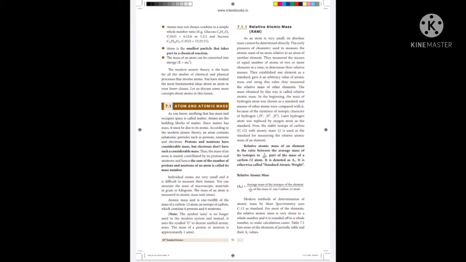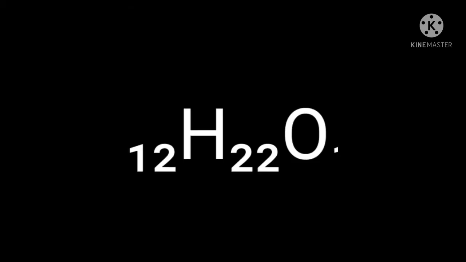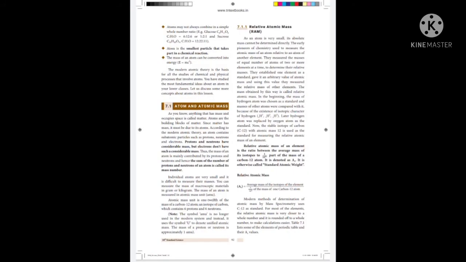Sucrose, its molecular formula is C12H22O11. That is, the ratio C:H:O is 12:22:11. Next, atom is the smallest particle that takes part in a chemical reaction. These are the important postulates of modern atomic theory.